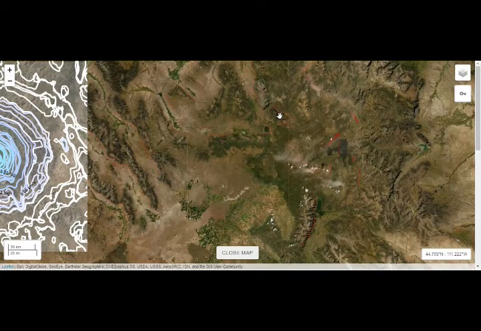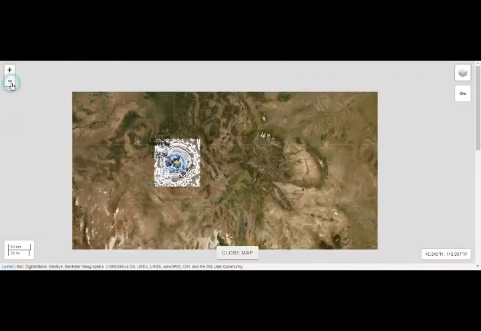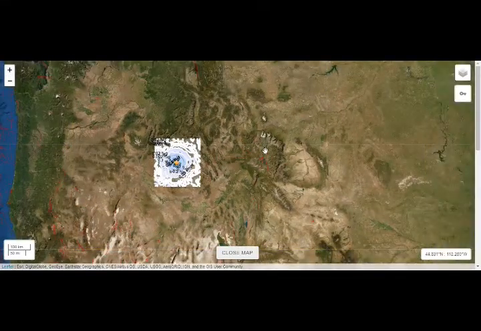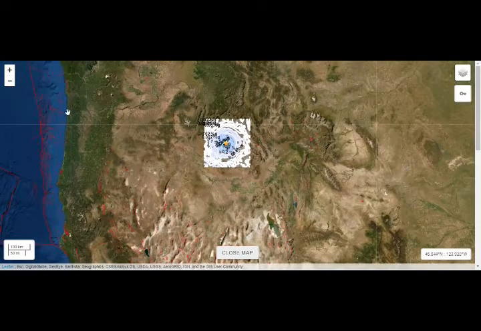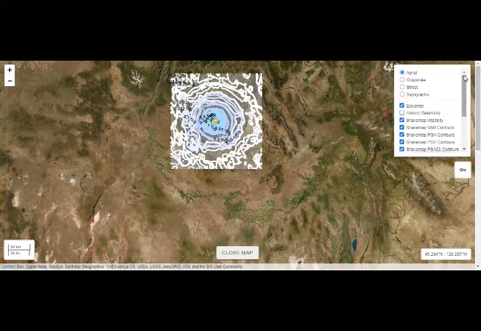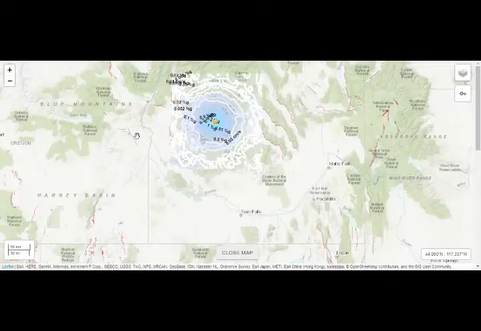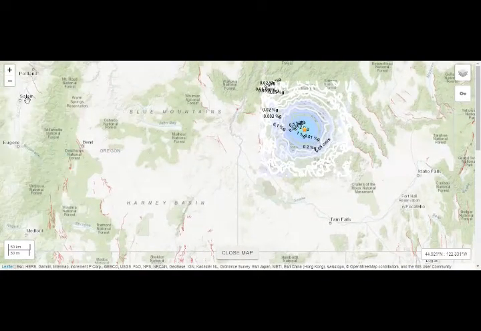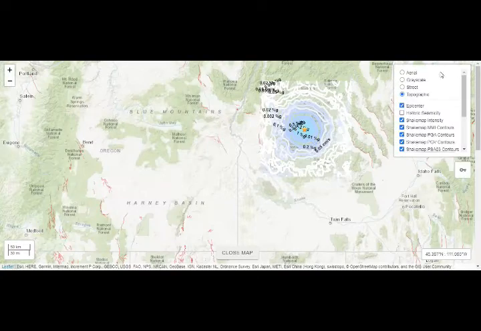And if you extrapolate the lines of the intensity, you could see that it must have shaken Yellowstone. This is the west coast, of course, and I would venture to say it could have also shaken Bend, Oregon. It could have even shaken Bend, Oregon.